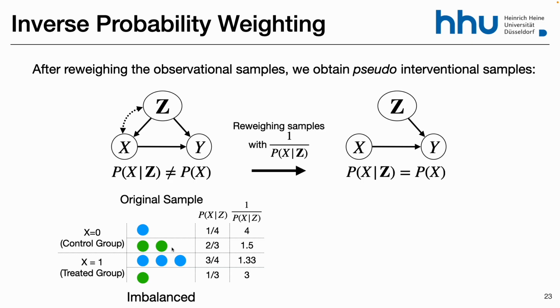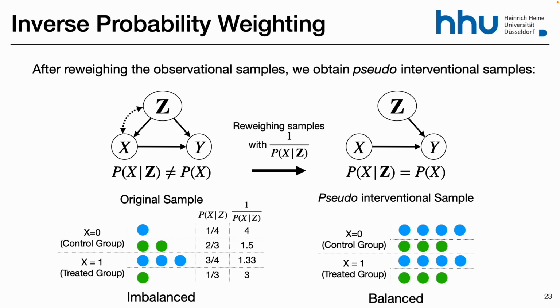And given Z green, that's 2/3, and 3/4 and 1/3. And that's just 1 over this value, so that's just a number. And then if I reweight, what I'm doing is multiplying the unit. So for example, this unit is not going to appear just 1 time, it's going to appear 4 times.